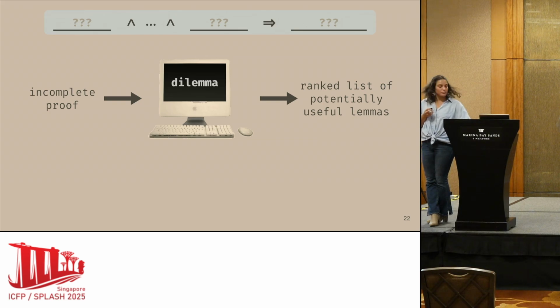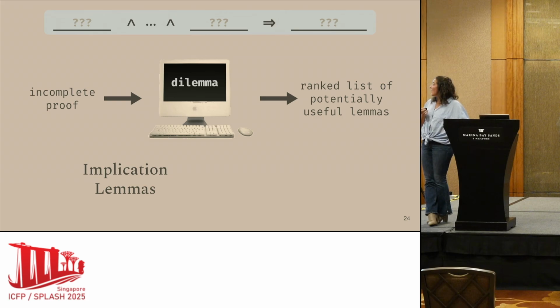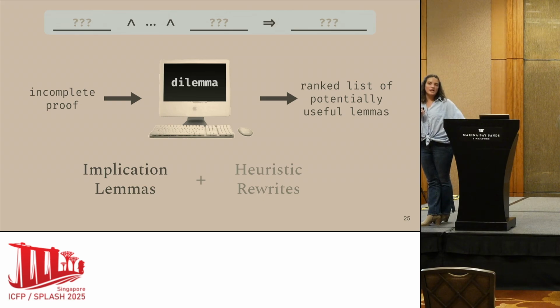implication in it. A lot of prior lemma synthesis work targets atomic lemmas, things that will be useful in rewrites or direct application. But in our context, and in a lot of contexts when you're writing lemmas, you often need implications. So for that reason, we're targeting implication lemmas rather than atomic lemmas. There has also been prior work that will yield atomic or implication lemmas, but these approaches are restricted in how they search the space.